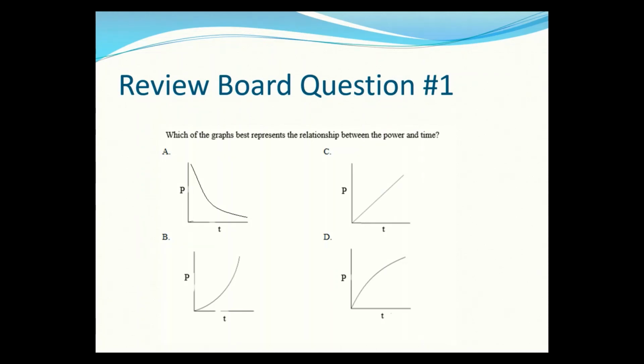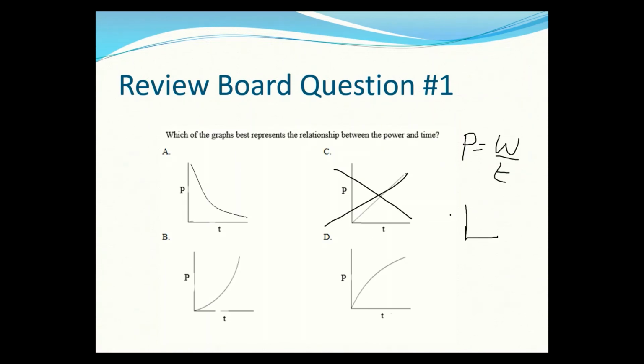Okay, let's start off with some sample review board questions. Which of the following best represents power and time? Power equals work over time. So you can see they have an inverse relationship. It's not going to be a straight line because it doesn't look like that in the formula.